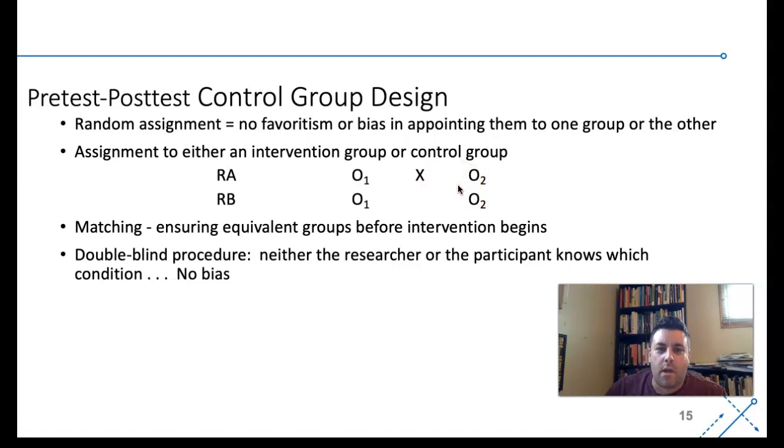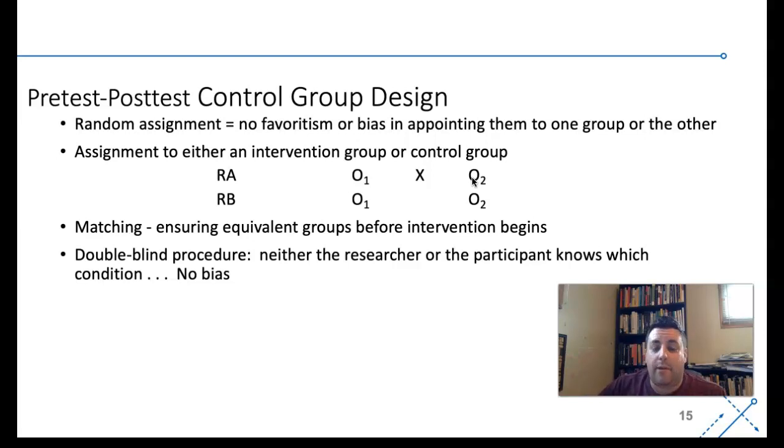Now there is an additional layer of quality that you can institute, and that's called double blind, and that's when neither the researcher nor the participant knows which condition they're in. So typically in vaccine trials, you're able to double blind them. So you've got a nurse administering an injection or something like that, and the nurse will not know whether they're administering a vaccine or a placebo, and then the participant doesn't know either.